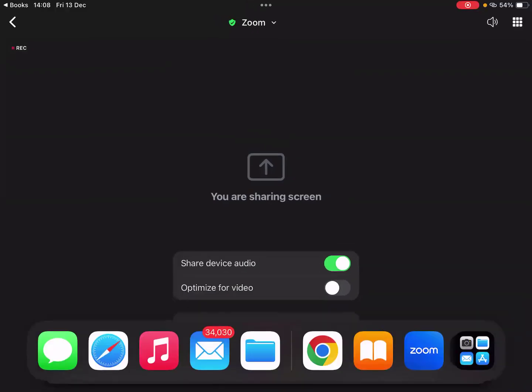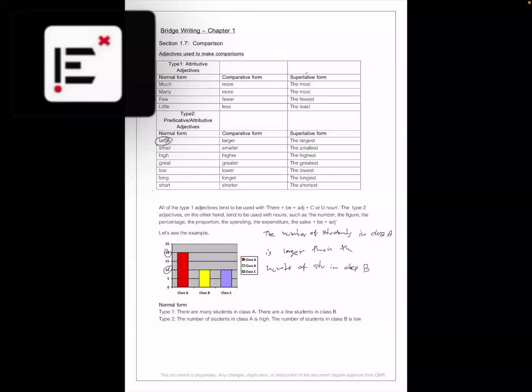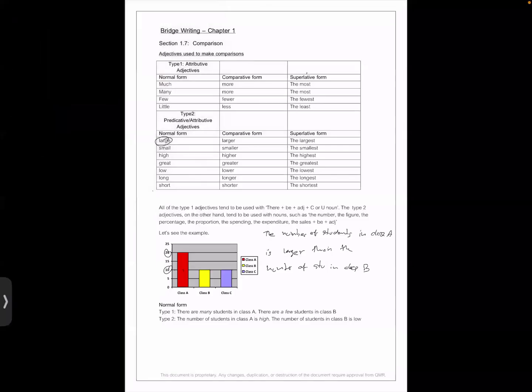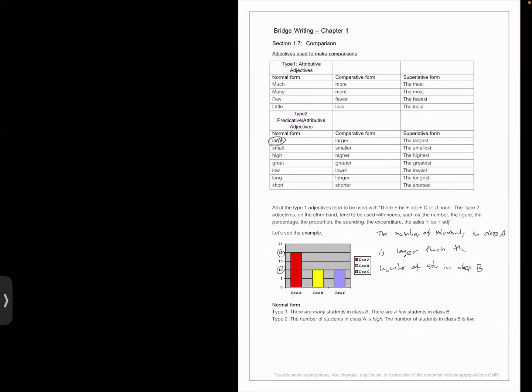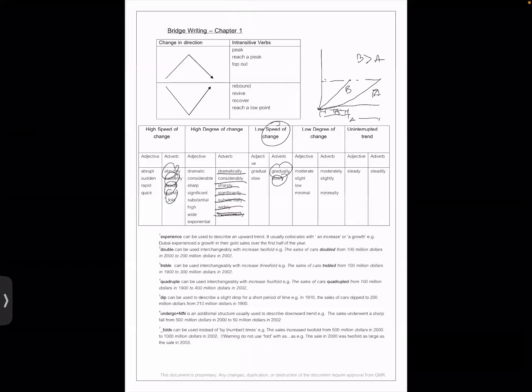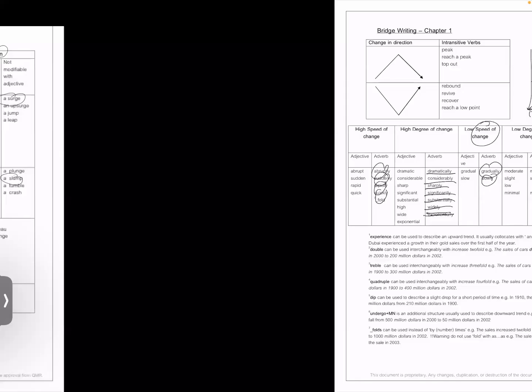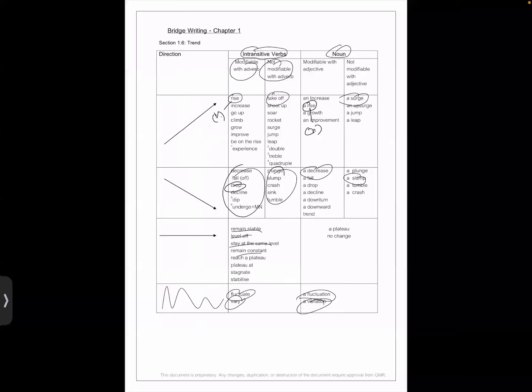So good afternoon, everyone. Welcome back to IELTS Bridge Writing, English 4 Level 5. Okay, so let's continue from where we left off the last time.